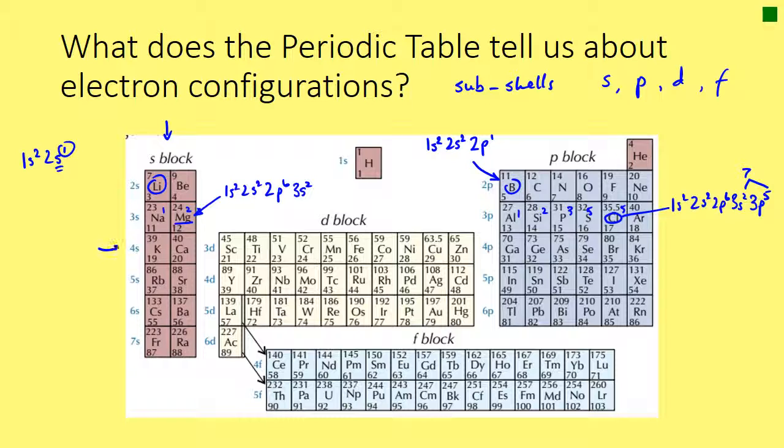So when it comes to period 4, potassium and calcium are filling up their 4s subshell first, and once the 4s is full, then scandium comes along with its extra proton, 21 protons, and the next electron is actually going back into the third shell in a subshell called the D subshell.